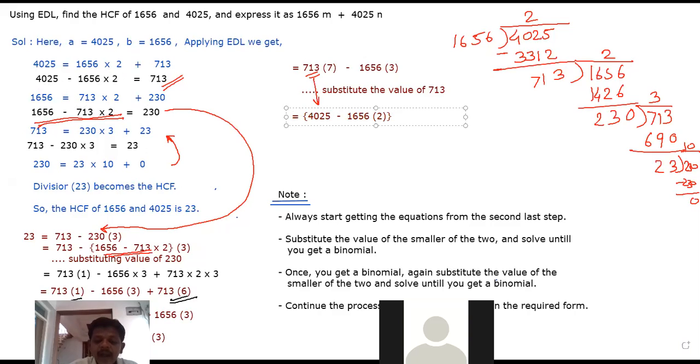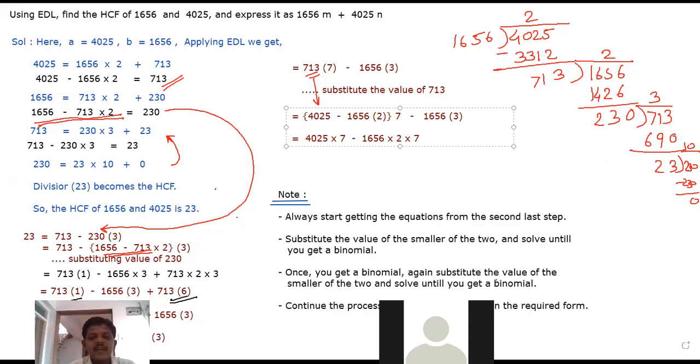Whole bracket is multiplied with 7 because 713 is multiplied with 7. Already it is multiplied with 7, and minus 1656 into 3 is already there. Are you understanding, children? Important steps. Open the brackets: 4025 into 7, minus 1656 into 2 into 7.